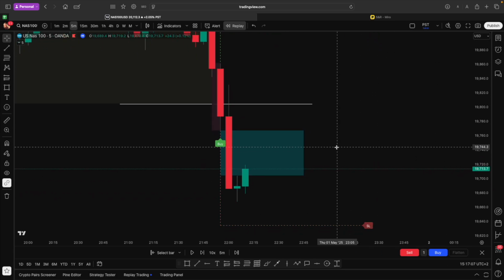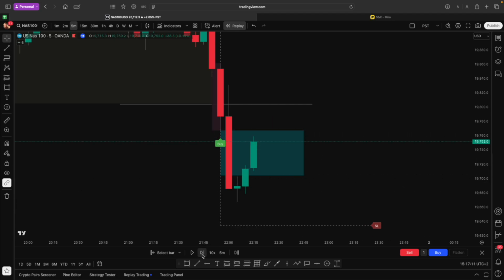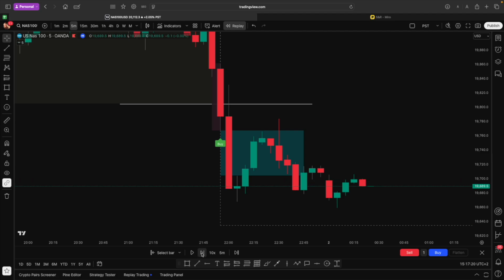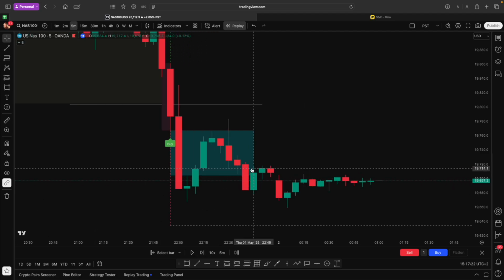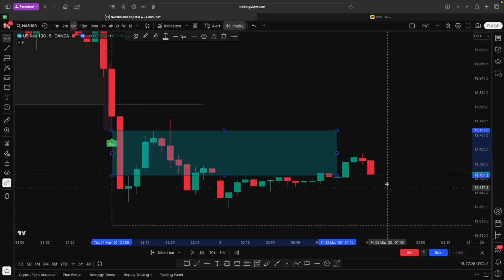So let's see what happens. If we get a close above this fair value gap and turn it into an inverse fair value gap. That was not a close, it just wicked. So we're not entering our trade yet. We're still waiting for a close above this fair value gap.